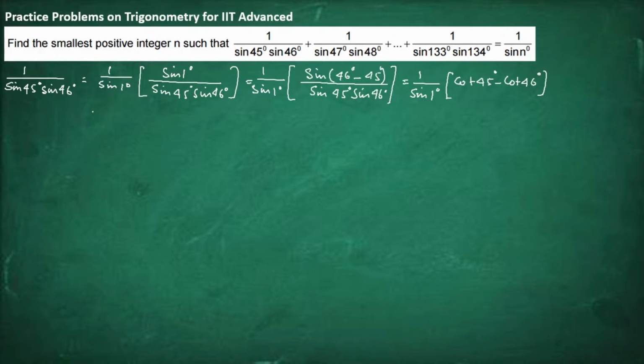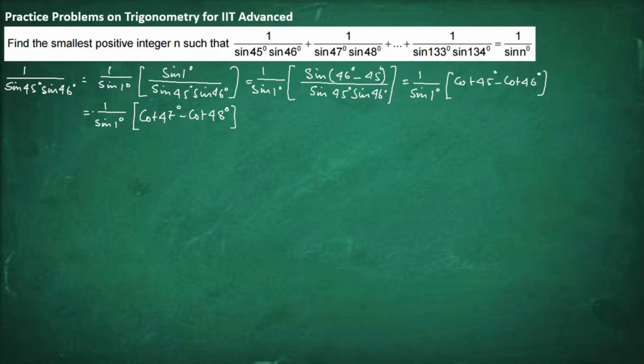Similarly, the second expression can be expanded in the same way, and the final product will be 1 by sine 1 degree into cot 47 degree minus cot 48 degree, right?